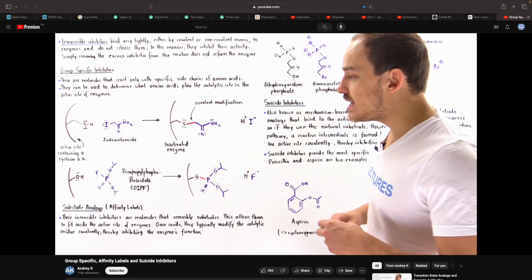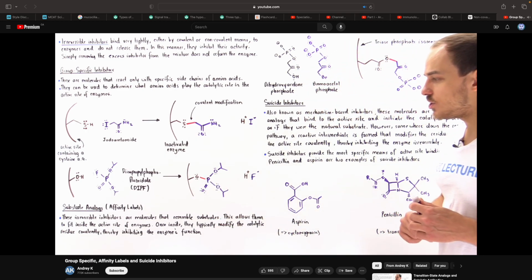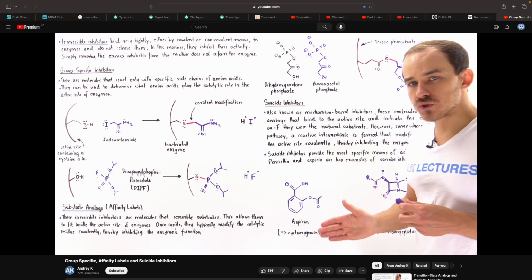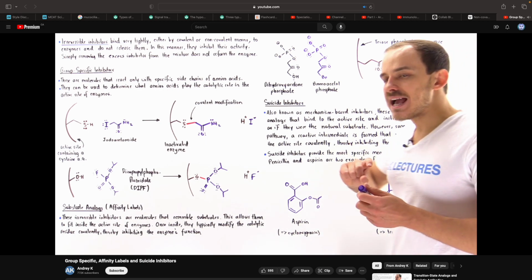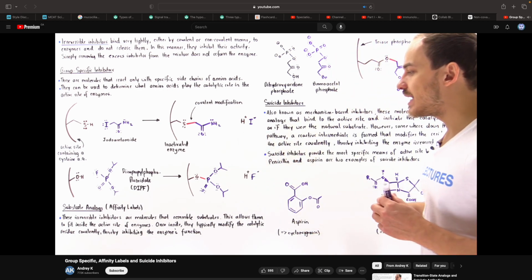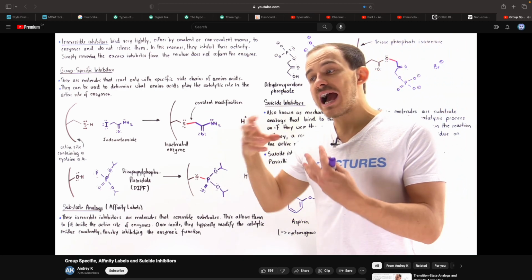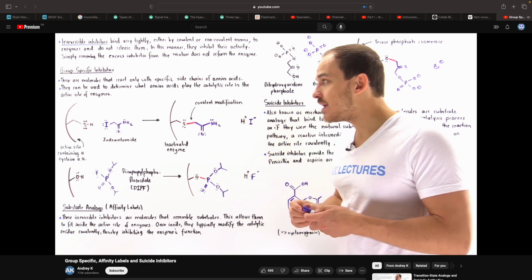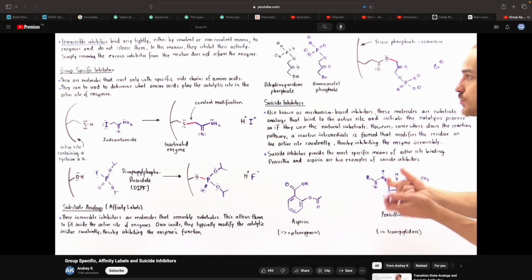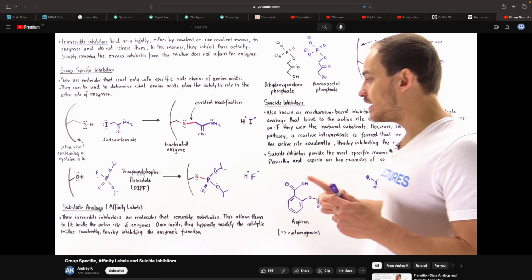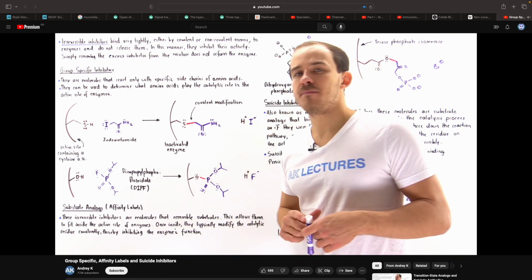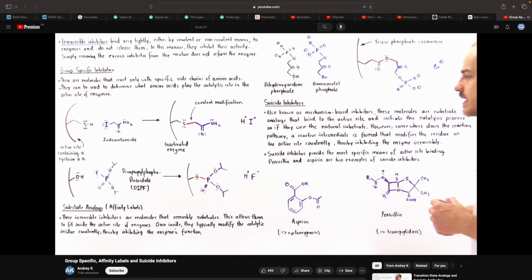This allows them to fit into the active site, and once inside, they react in a covalent manner. They modify the residues found inside the active site covalently, and that inhibits the enzyme's activity.